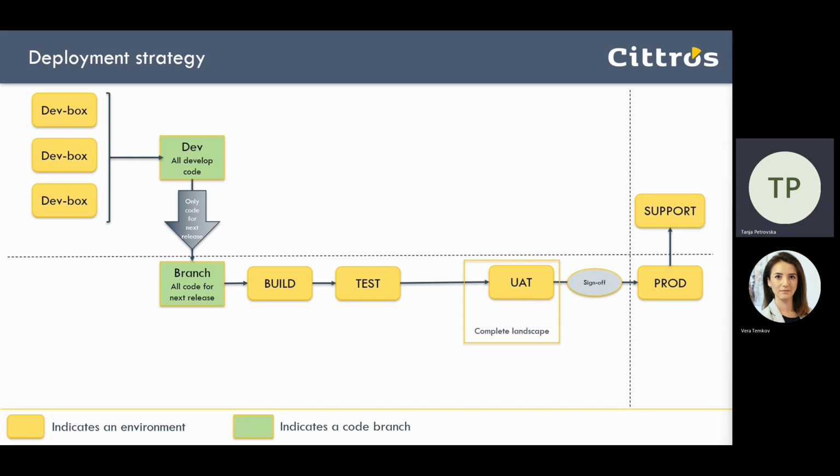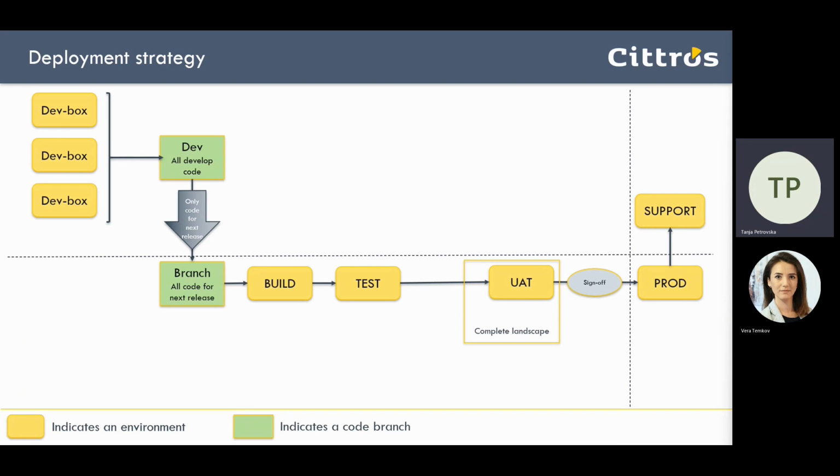Then they are installed first in test and then in UAT, so they can be further tested. And once the user acceptance testing process is complete, a sign-off step is needed to confirm that the users are satisfied with the outcome of their testing and the code is ready to be deployed to production.